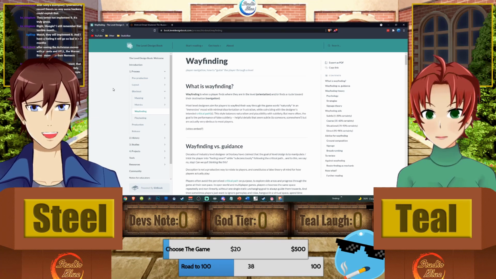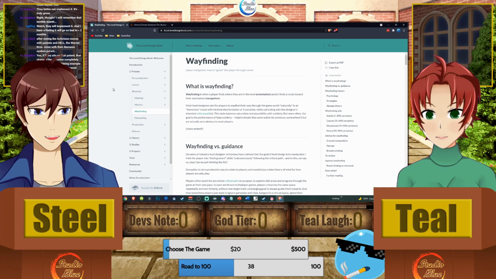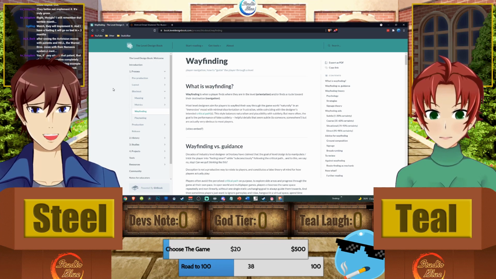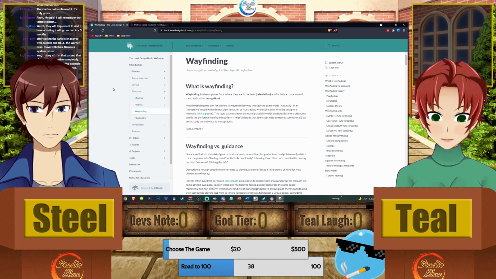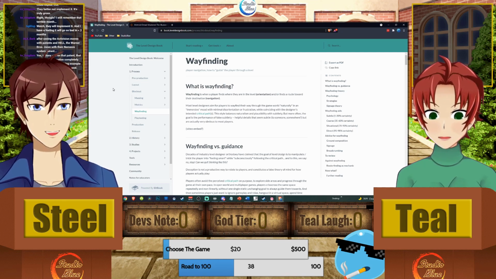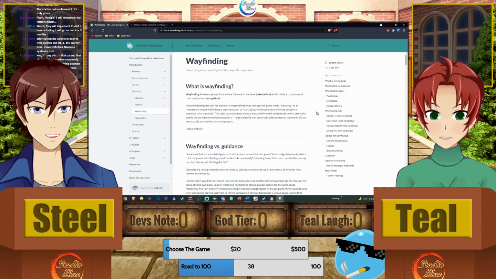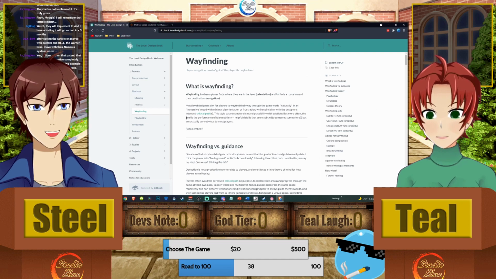So remember how every time we talk about level design, we always talk about that critical path. Pay attention. So the designer's intended critical path is what you as the designer create for the player to get through the level.